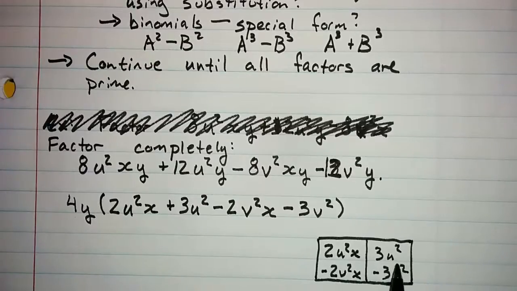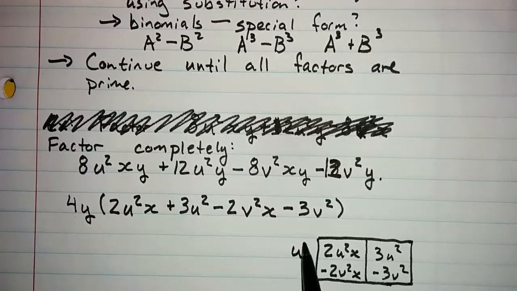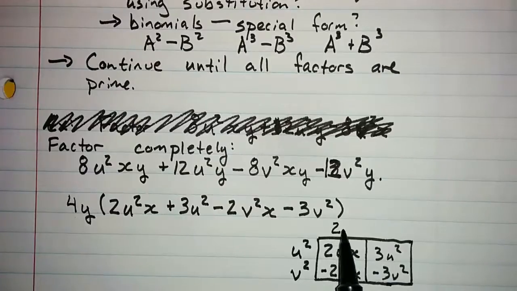Greatest common factor of the first row, I think, is u squared. Of the second row, v squared. What do I need to multiply u squared by to get 2u squared x? I need to multiply by 2x.